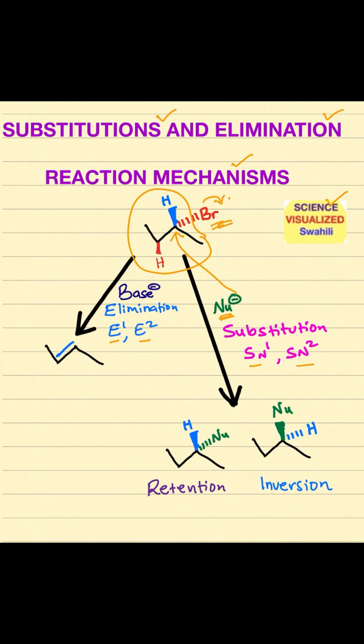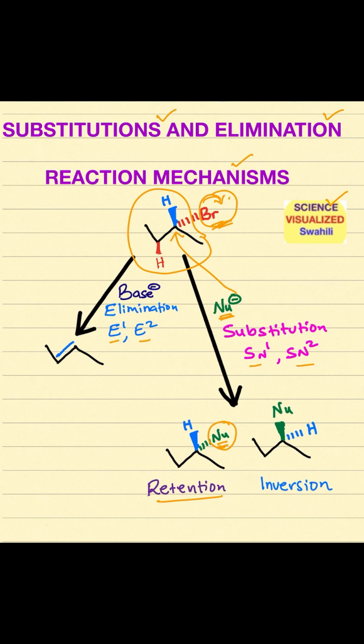So that halogen leaves. And the result is that now you have the nucleophile occupying exactly the same position that the leaving group had. If that happens, that's called a retention product because it's retaining the same configuration. The nucleophile position is exactly the same as the leaving group position.